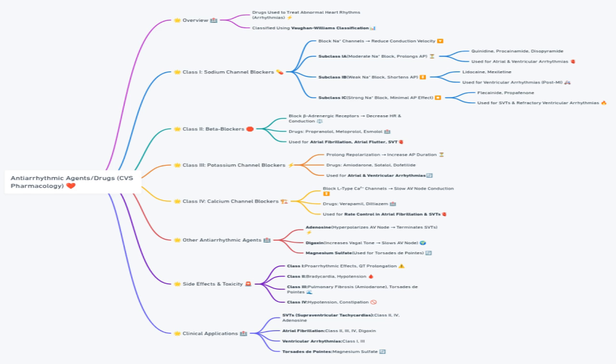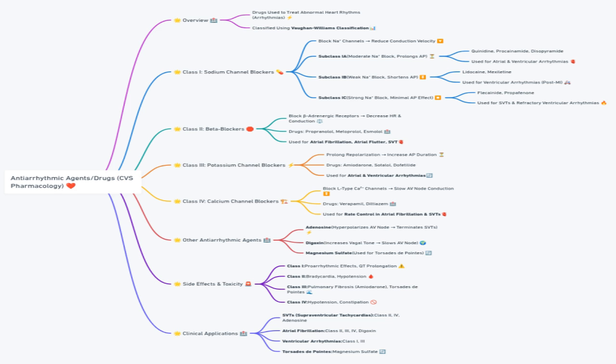Its effects, of course, decrease the heart rate and AV conduction, and also decrease myocardial oxygen demand. It's used to control AFib or atrial flutter, SVTs, and post-MI prevention too. But it has several side effects like bradycardia, fatigue, and bronchospasm in non-selective beta blockers.